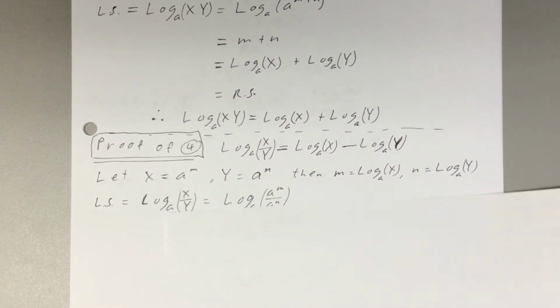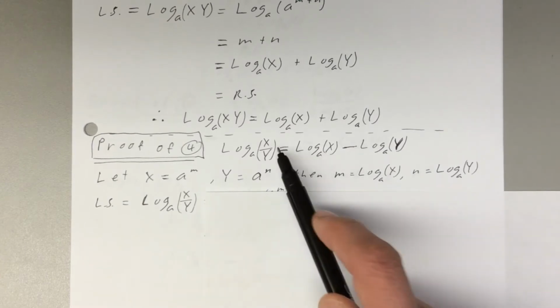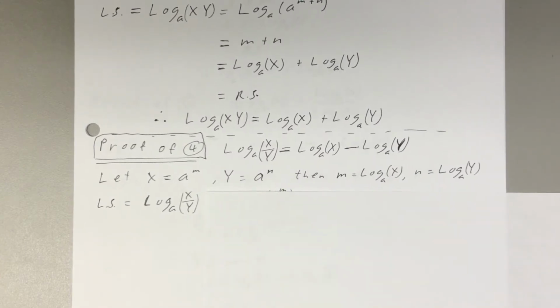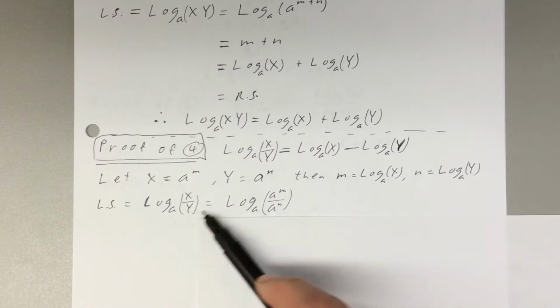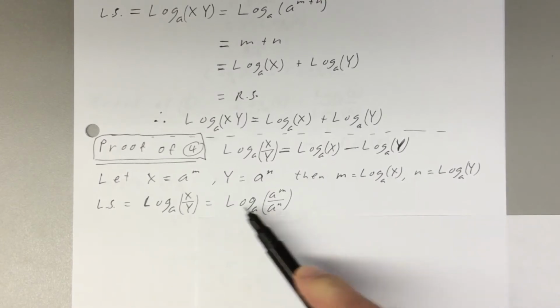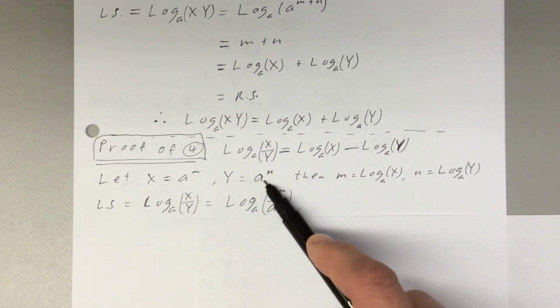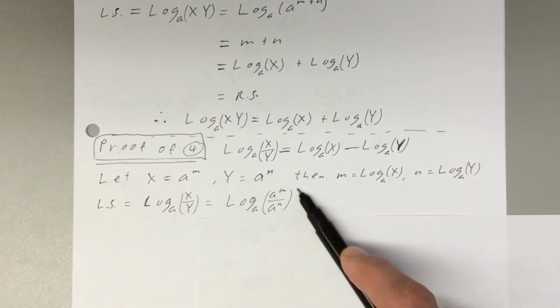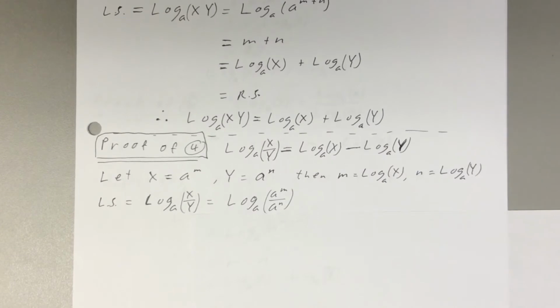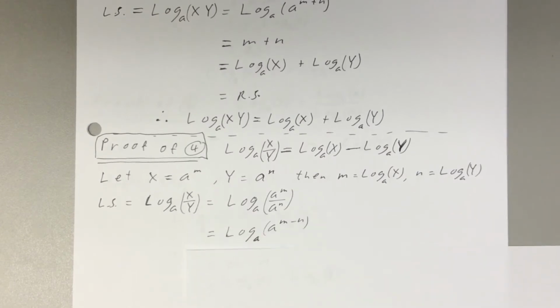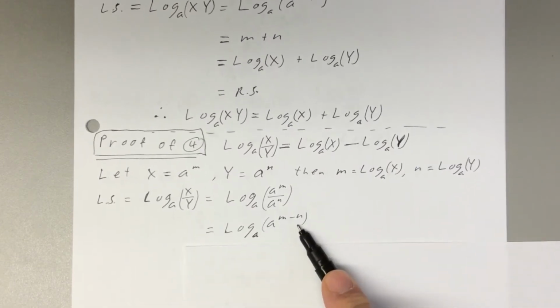And then when we go to the left side of this equation, it equals this. So x over y. x is a to the m, y is a to the n. And when we divide powers with the same base, we subtract the exponents.